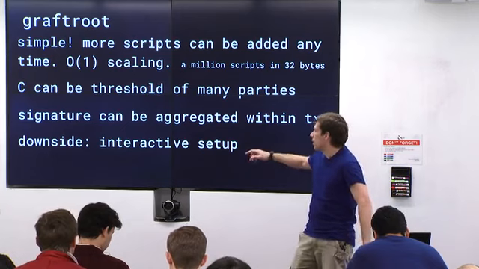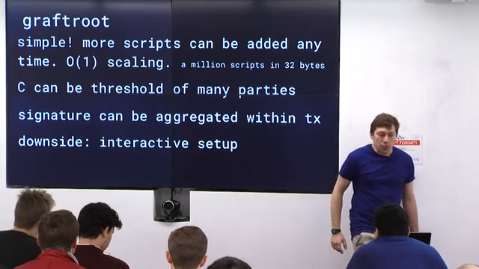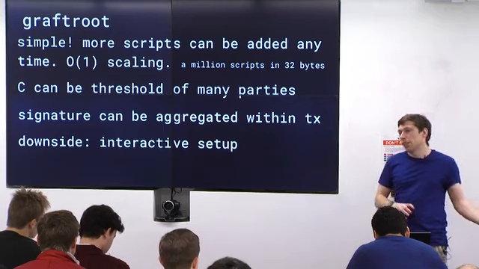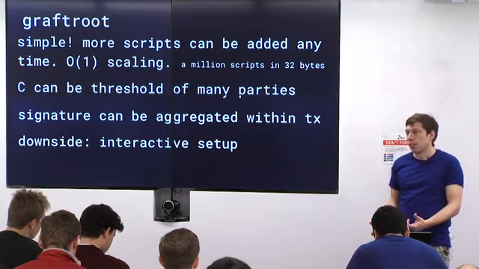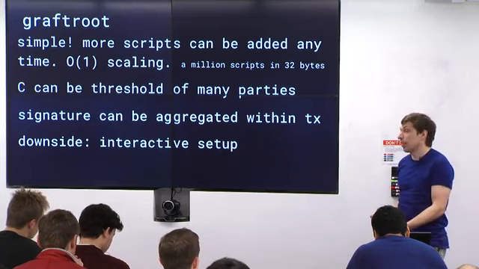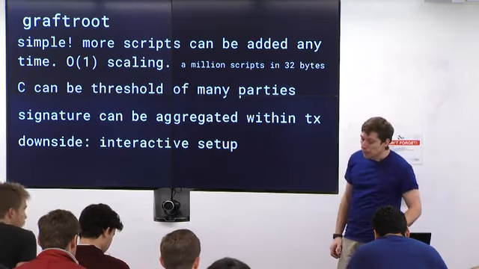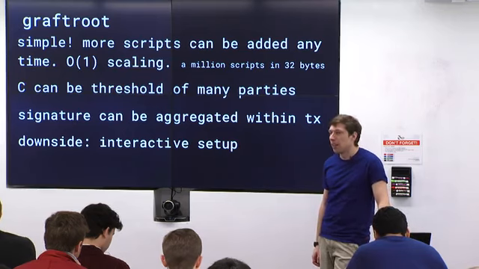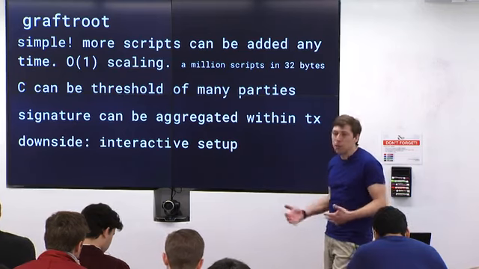The downside is this interactive setup where you can't just take Alice and Bob and Carol's keys and send to a Graftroot 2 of 3 multisig, right? Alice and Bob and Carol need to sign something. In some cases, that's no big deal, right? In some cases, you're connected to them over the internet, and all the participants are cooperating.